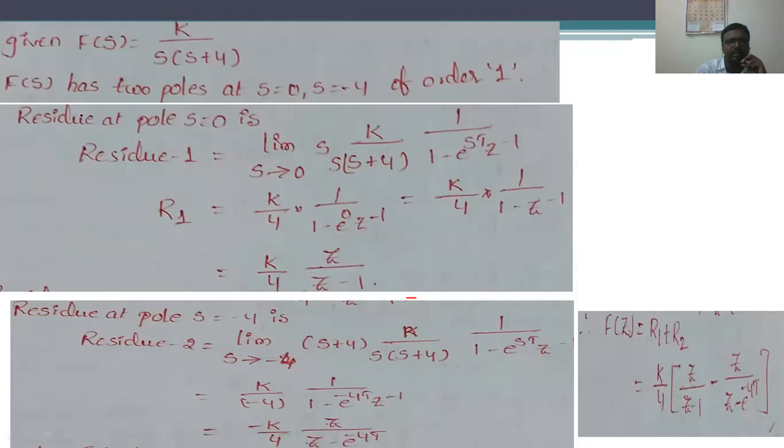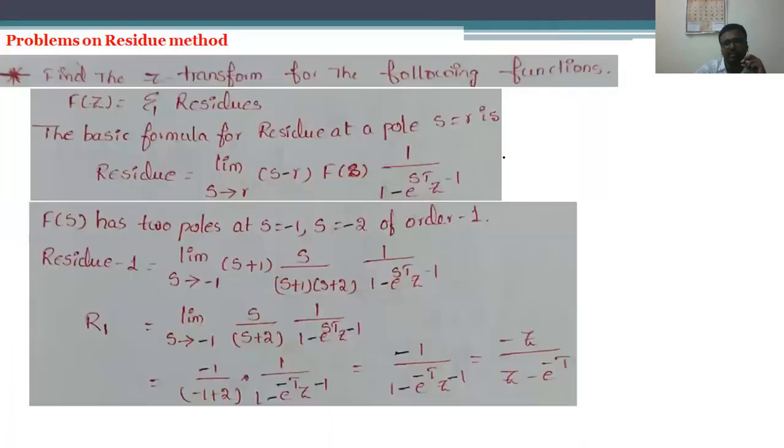In order to obtain the residue at pole s equals 0, residue R1 can be taken as limit s tends to 0 of s into K divided by s into (s plus 4) into 1 divided by 1 minus e power sT into z power minus 1. Just substituting into this basic equation.